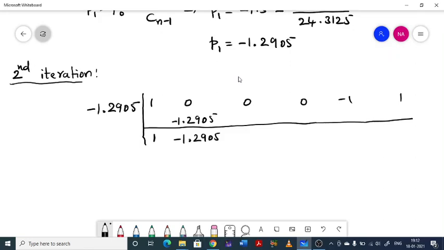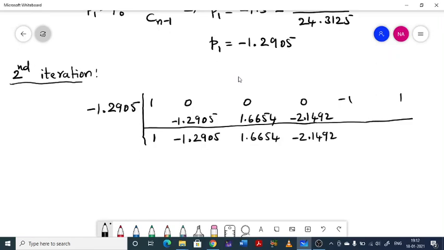Here 1.6654. Adding 1.6654. 1.6654 into minus 1.2905, that will be minus 2.1492. So minus 2.1492.